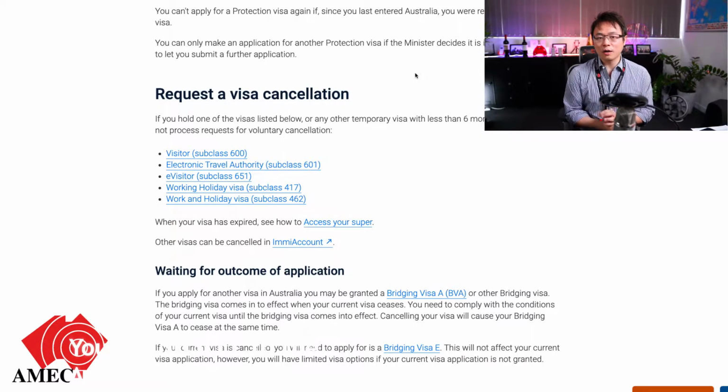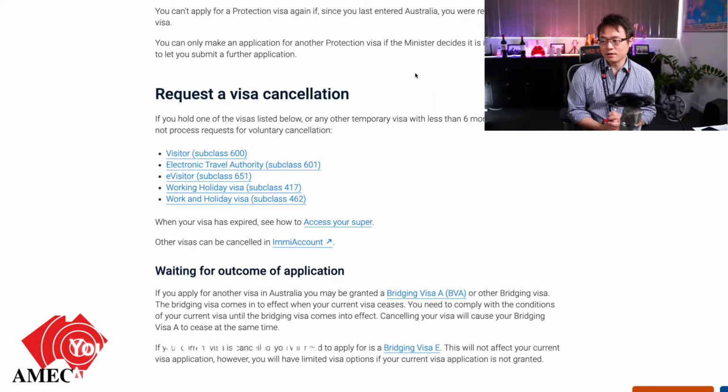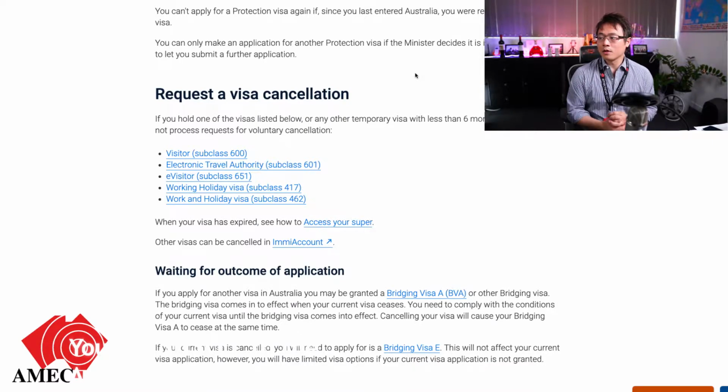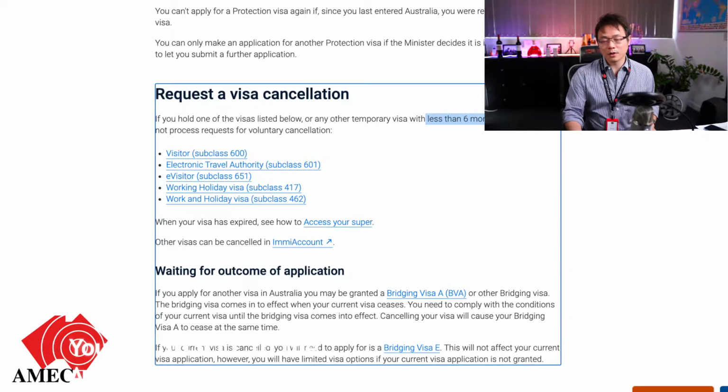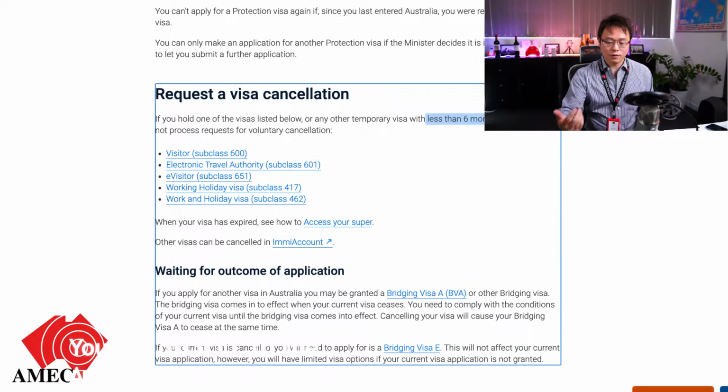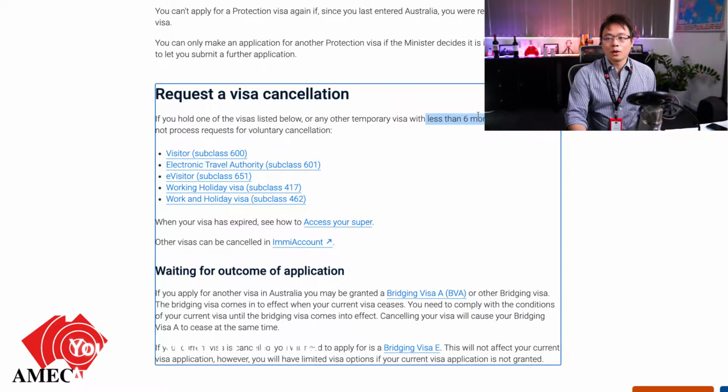They're required to drop a visa. So how do you drop a visa? You have to apply for it. So you request for your visa to be cancelled. Now, what they're saying is that if the visa validity is less than 6 months, then the Australian government will not consider doing that. You might as well wait for 6 months. Once it expires, everything's all good.